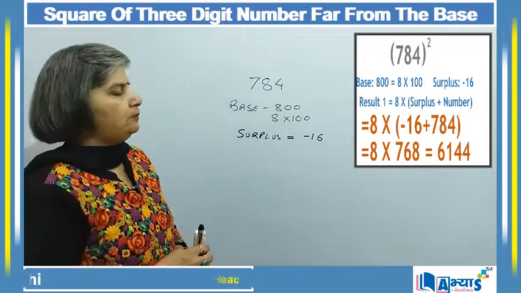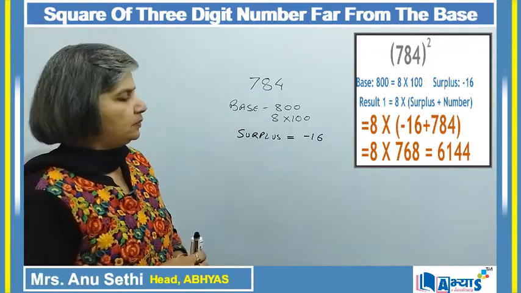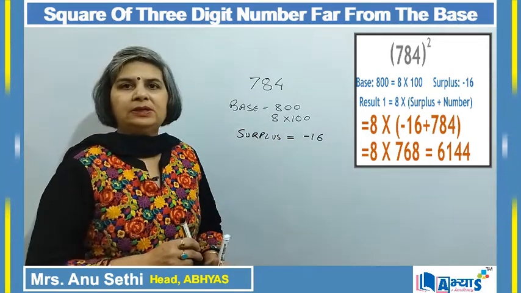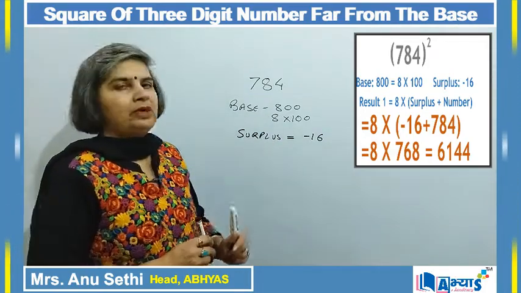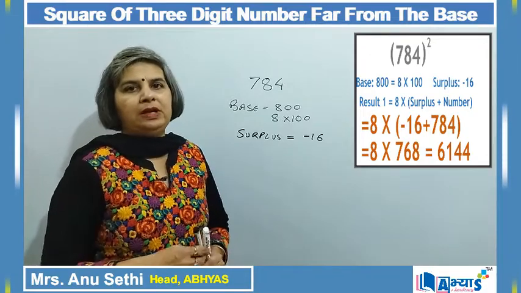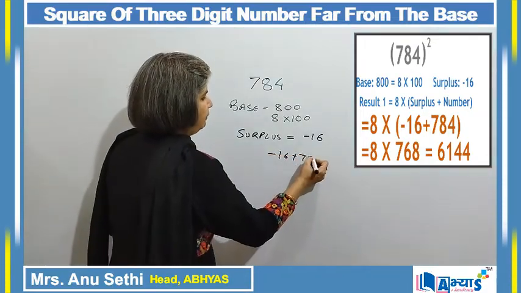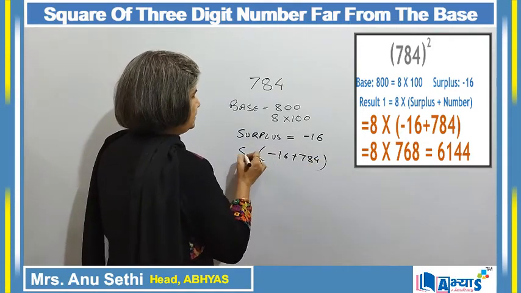So the first step is to add the surplus and the number, and as the base is 800, which is 8 into 100, I will multiply the sum with 8. That means I will add minus 16 plus 784 and multiply the result with 8.